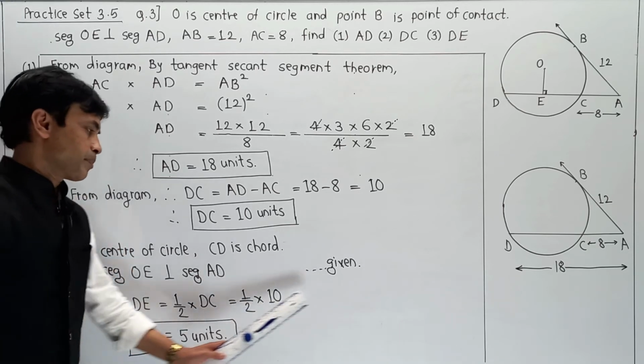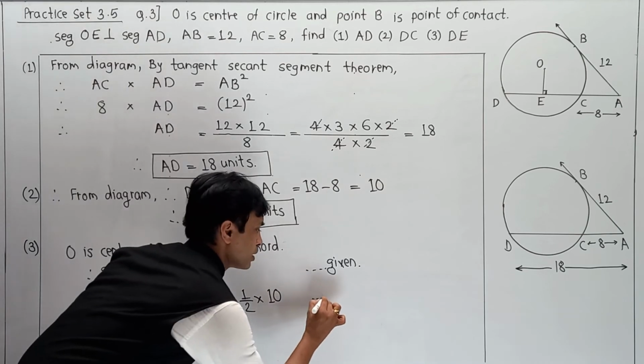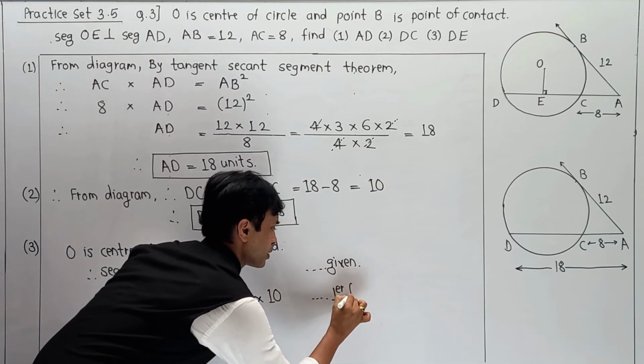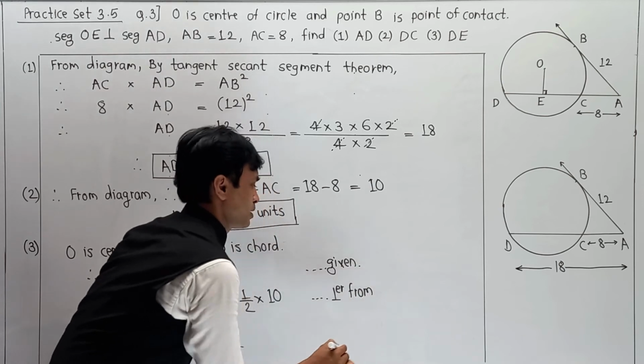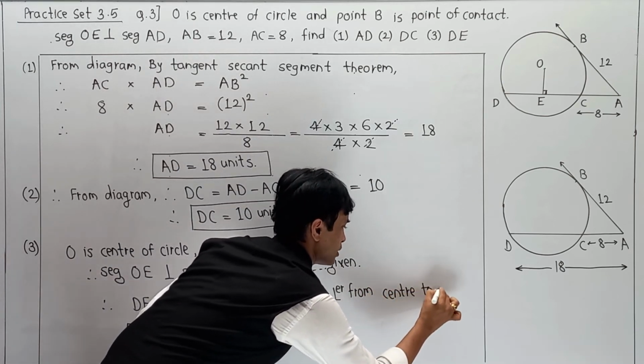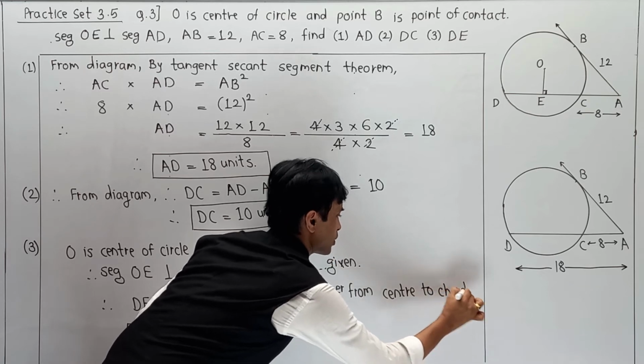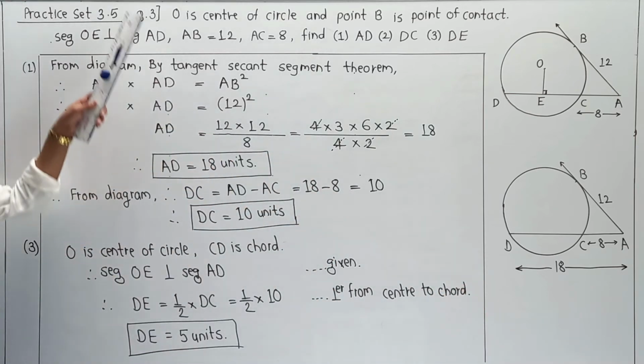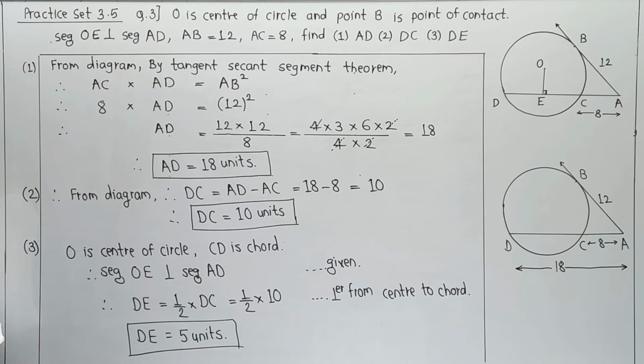And here you can say: perpendicular from the center to the chord bisects the chord. And in this way, in proper writing, you are supposed to complete the numerical.